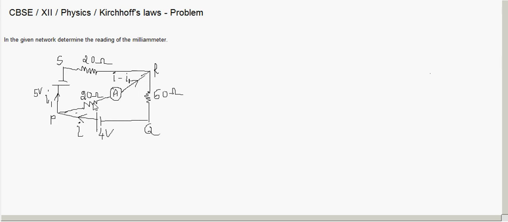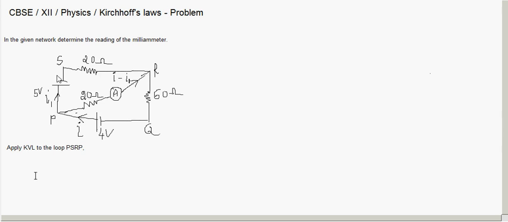We'll apply KVL to loop 1 and loop 2. I'll take the first loop as PSRP. Now apply KVL. First we have 5V.